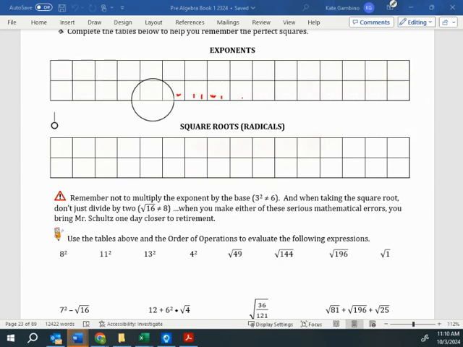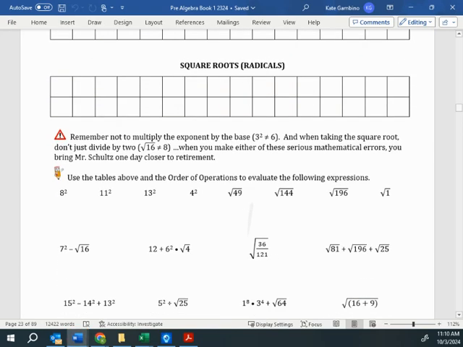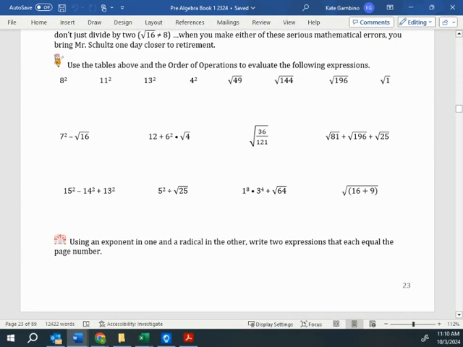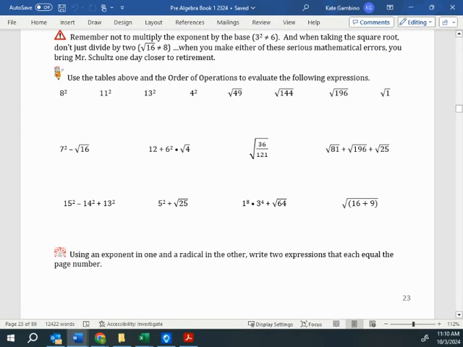Yes? Are we going to talk more about to the power of 4? Because it's confusing me a bit. Looking ahead, I'm not sure when that comes up.